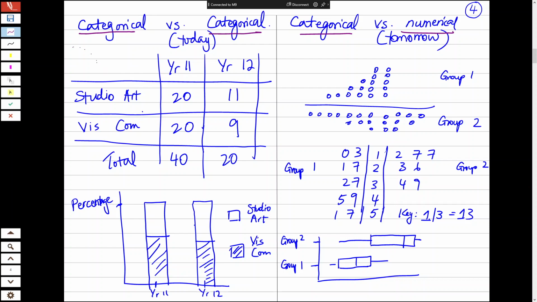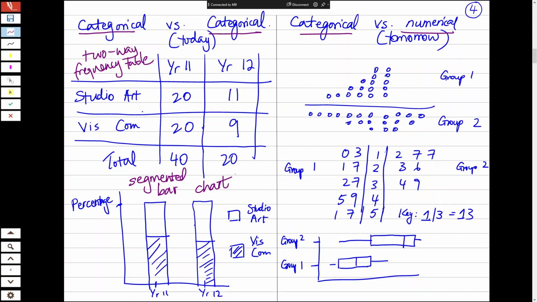So the way that we represent this data is what's called a two-way frequency table and a segmented bar chart. So when you come across these terms in your textbook and the exam, this is what I'm talking about.